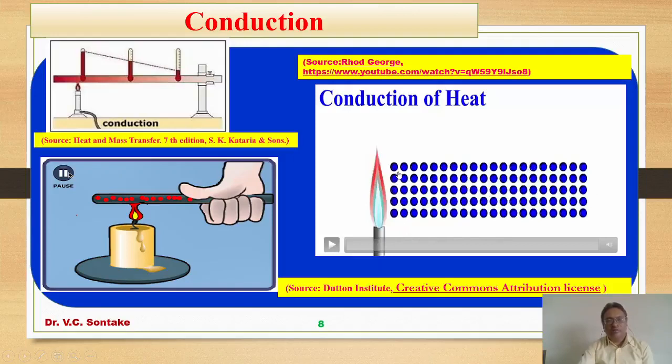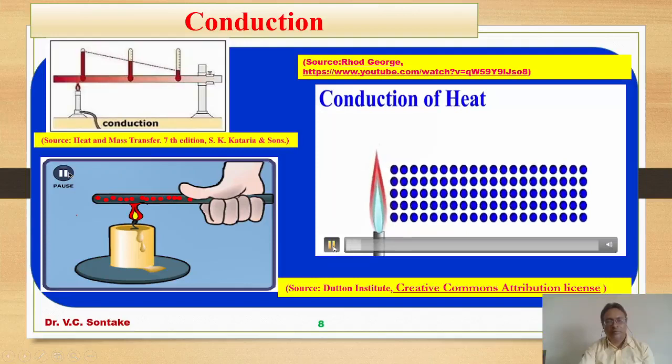When the left hand of the rod is being heated, what happens? The molecules near the flame will receive heat from the flame by virtue of temperature difference, and their temperature, and hence heat energy and hence kinetic energy, will increase. So they are converted into red color.